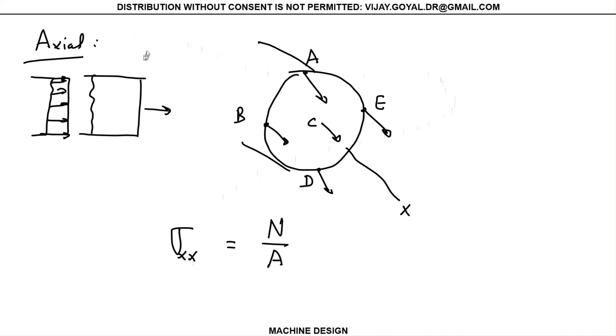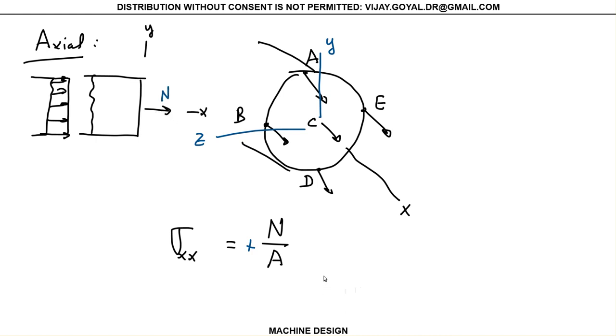Again, looking from this side, this is Y, this is X, this is Z. I can draw my coordinates here as well. What we are saying is this value is acting in the X plane, which is normal to the X, in the X direction. That's why this is sigma XX, and this will be positive, assuming there's a positive load.